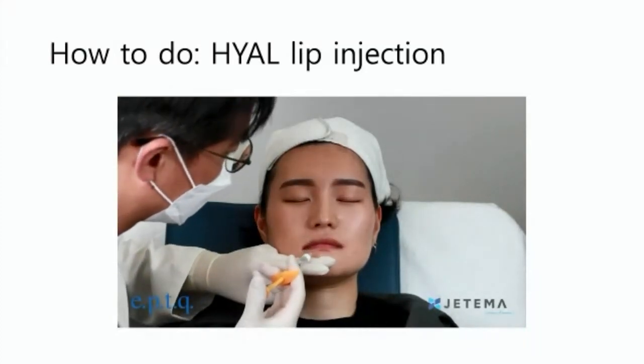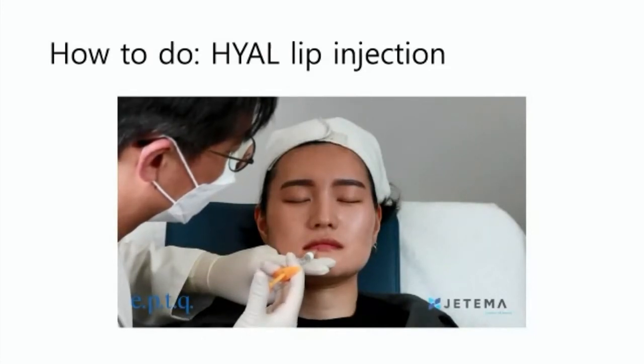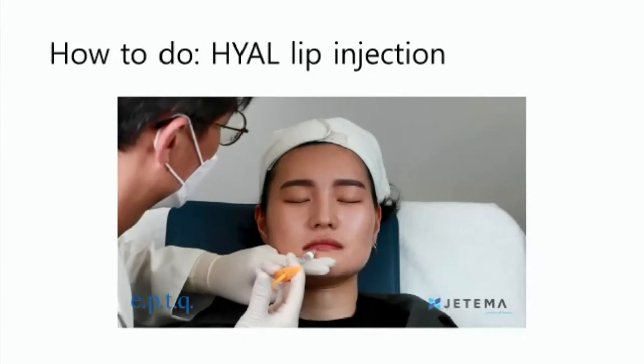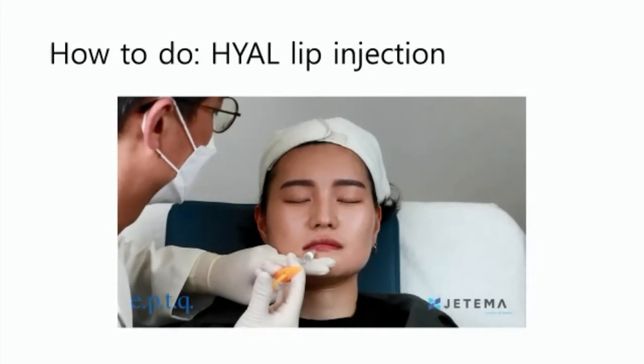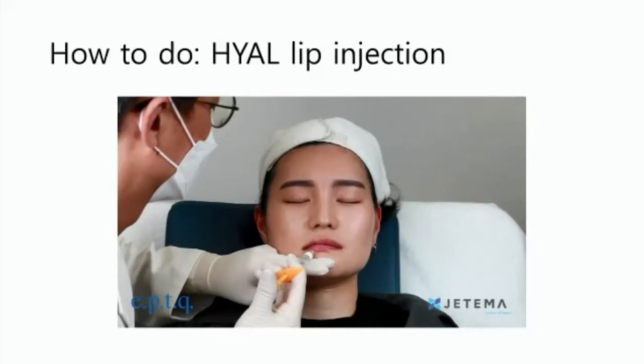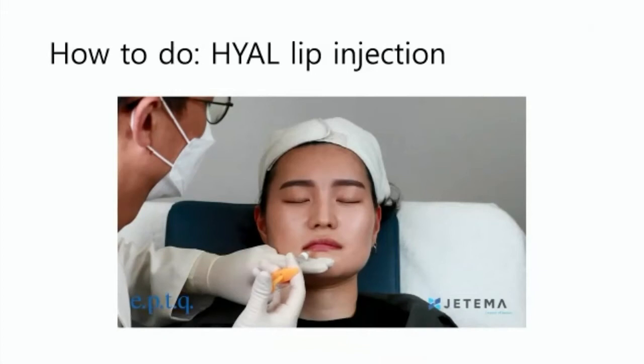Second, I start with the lower tubercle part. During injection, you should check how much volume you inject into the lower lip, because immediately after injection you cannot judge the symmetry or how much volume is on both sides.